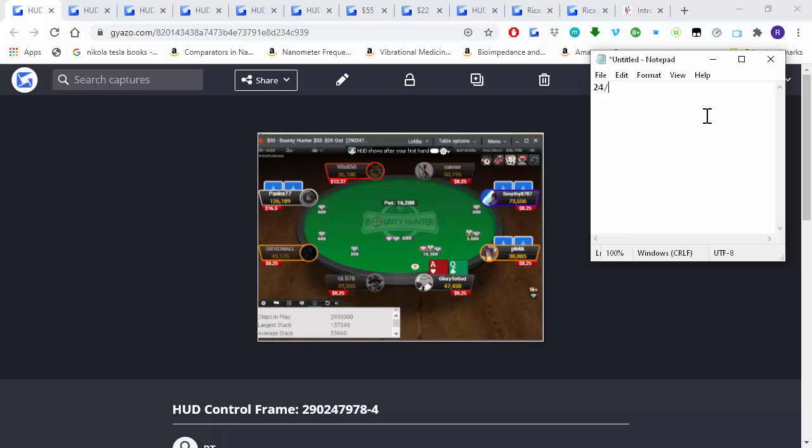The total amount in the pot would be 24 plus 46.